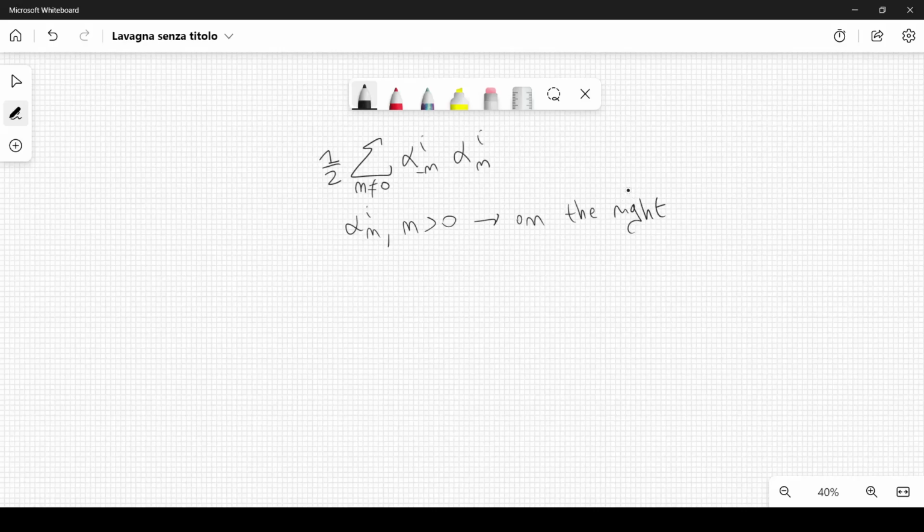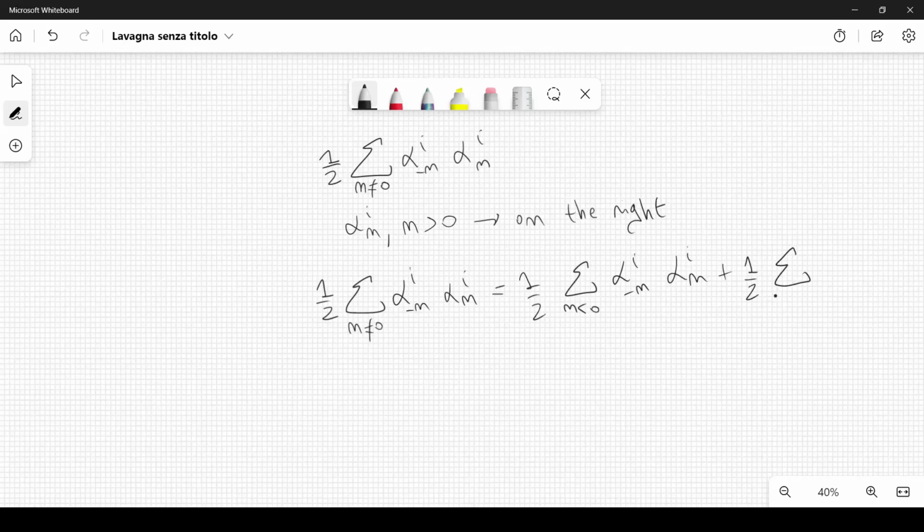And now let's start from this term, 1/2 summation over n not equal to 0, α^I_{-n} α^I_n. We can write it as 1/2 summation over n less than 0, α^I_{-n} α^I_n, plus 1/2 summation over n greater than 0, α^I_{-n} α^I_n.